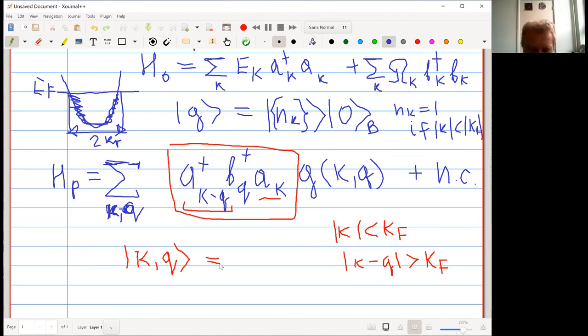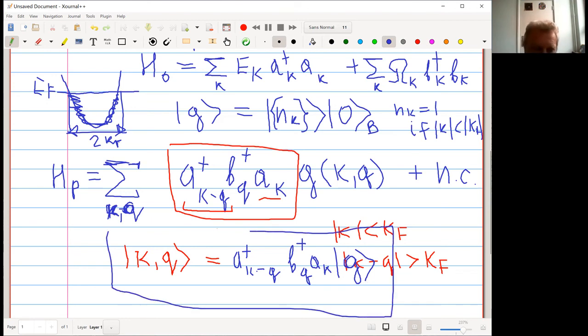All right. And this is nothing but, let me switch back to this color, a dagger, working on the ground state. So this is the answer which we require. You see, it's quite simple.